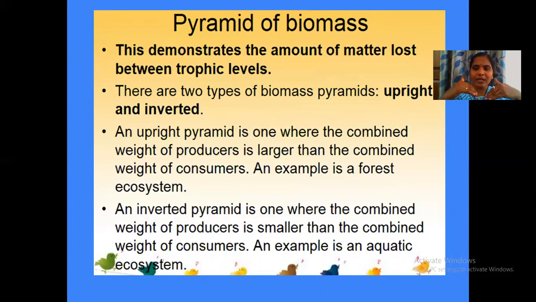Inverted means it has a narrow base, and when we move to the top it becomes broader. So the forest ecosystem comes under the category of upright pyramid of biomass, whereas an aquatic ecosystem is an inverted pyramid of biomass.